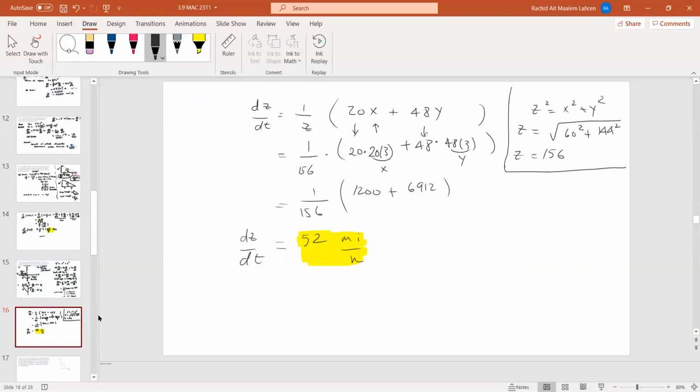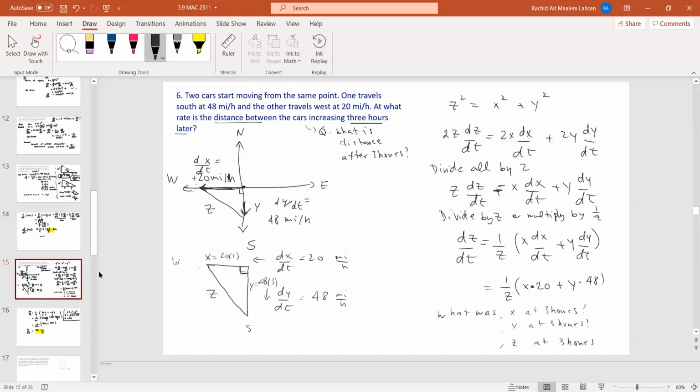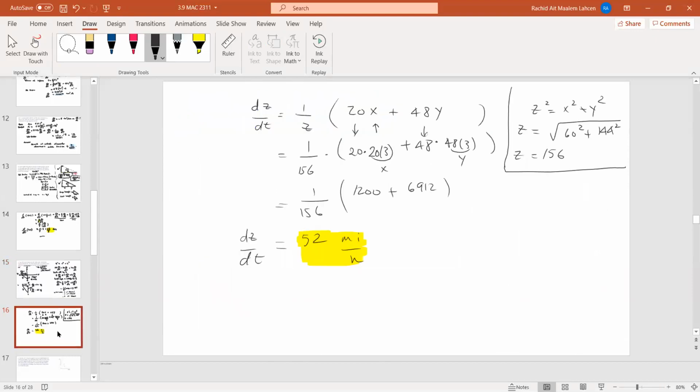Once we do that, we're missing the z. So we use the Pythagorean theorem again to find the z, which is 156. And now the rate of change is 52 miles per hour. So now you can make the judgment. If this one is 20, the other is 48, and it kind of makes sense. The distance between them is changing at such a higher rate, which is 52 miles per hour.